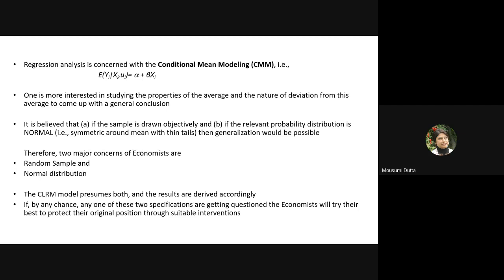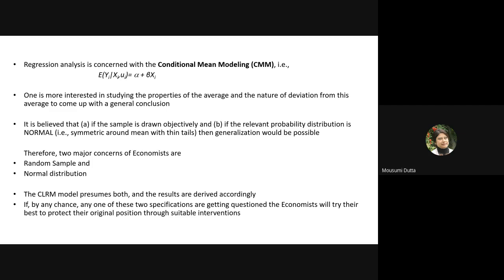So we are keeping this point in our mind, that if my sampling is good, a representative, objectively drawn sample, and if I have scatters which are normally distributed around the mean, then whatever result we get, on the basis of that result we will be able to reach a general conclusion.